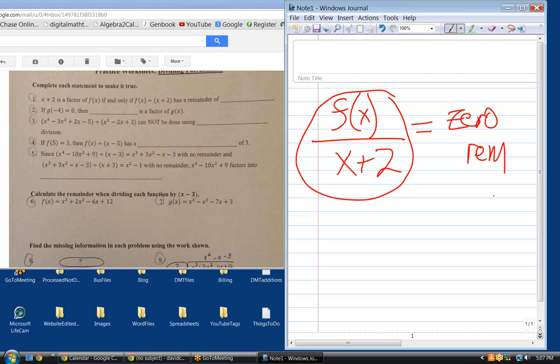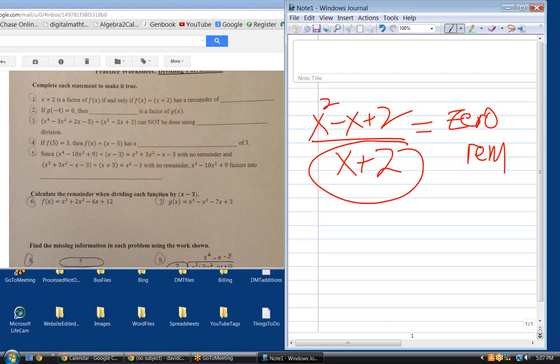If it does not have a zero remainder, then it's not a factor. In other words, if I were to stick in some polynomial there like x squared minus x plus 2 and do the division, if this divides evenly into that, then it's going to have a zero remainder, right?